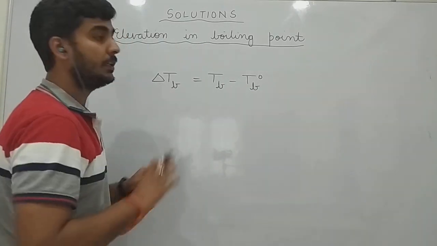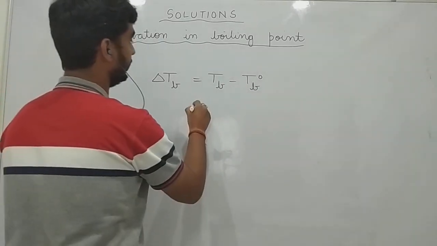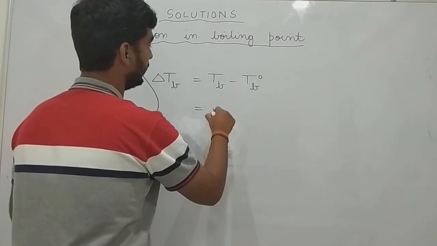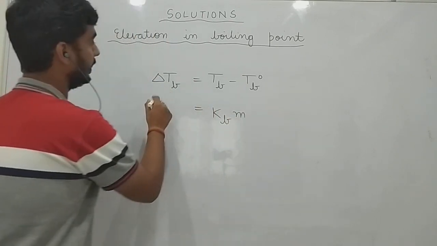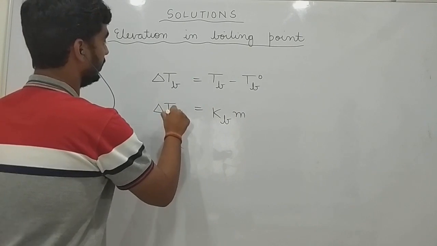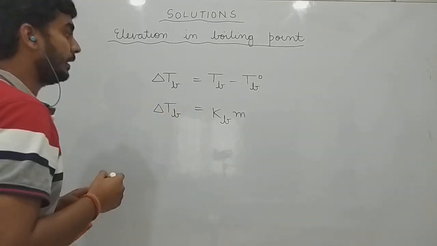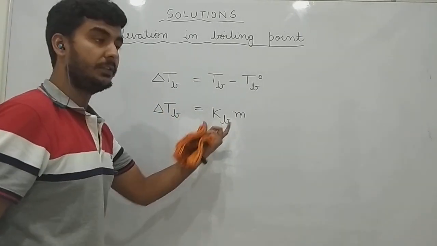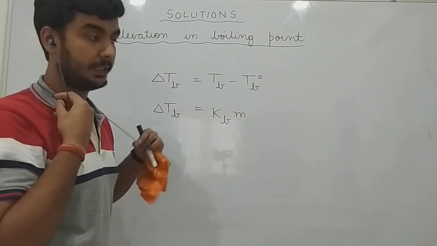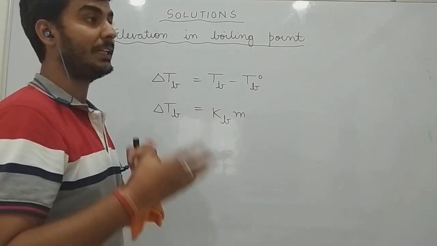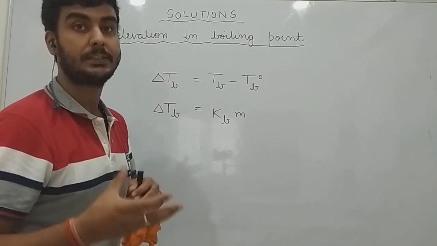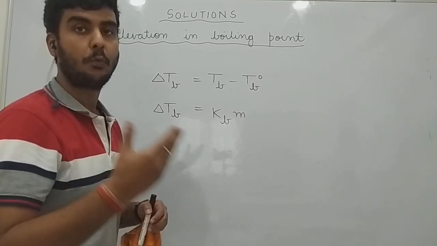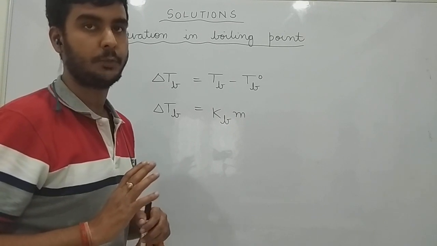This delta TB is equal to KB into m, where KB is the boiling point elevation constant and m is the molality of the solution.